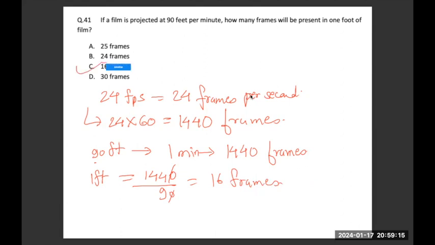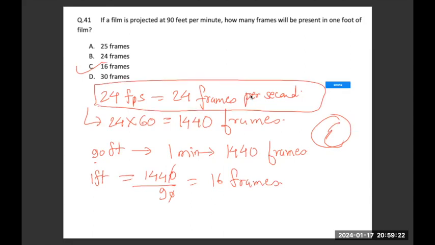So C is the correct answer. In this case, this part is not given, but it is assumed that the student might know about it. Okay? Any doubts, any questions? Okay.